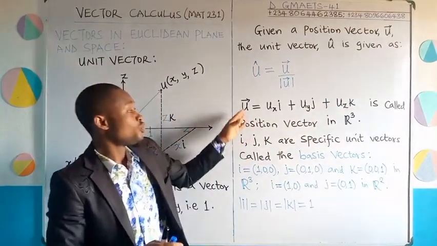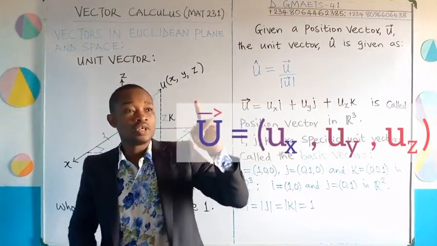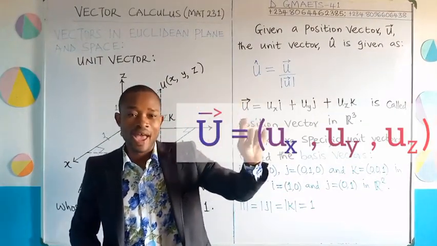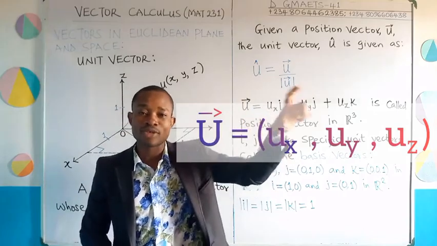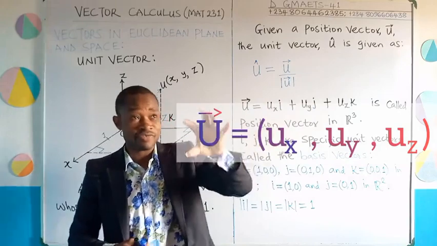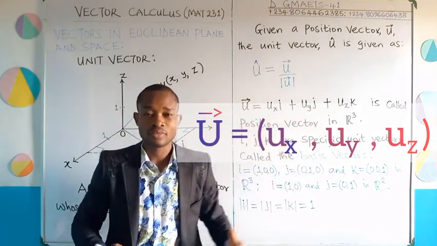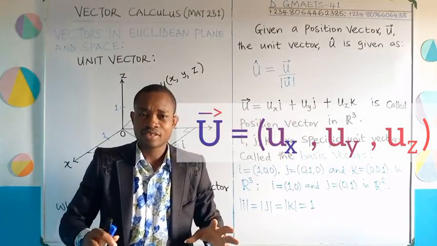So actually this u can be written in its component form simply as u equal to u_x, u_y, u_z. And these are numbers. For example, say vector u is equal to maybe 1, 3, 4. Is that clear?